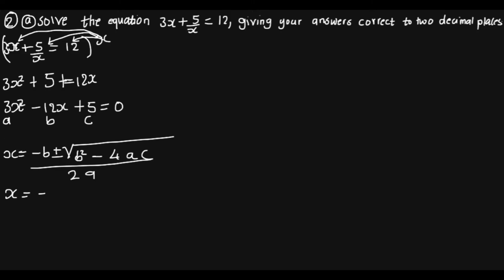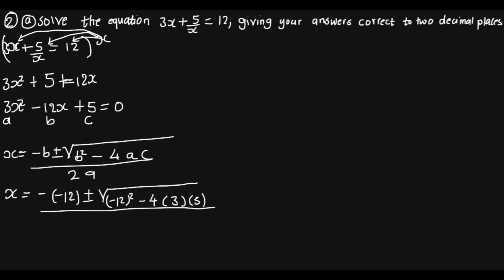The value of b is negative 12, plus or minus the square root of negative 12 squared minus 4 times a, the number in front of x squared, which is 3, and c is 5, everything over 2 times a, which is 3.